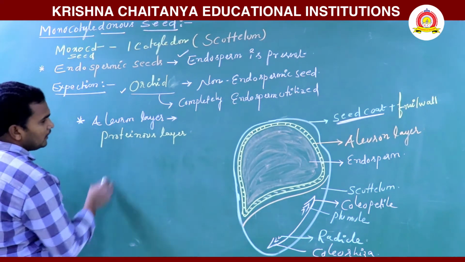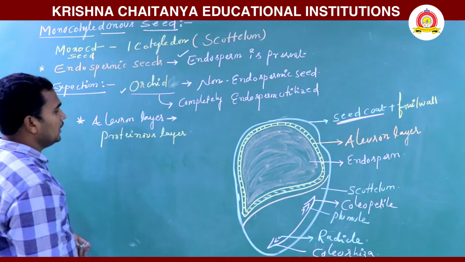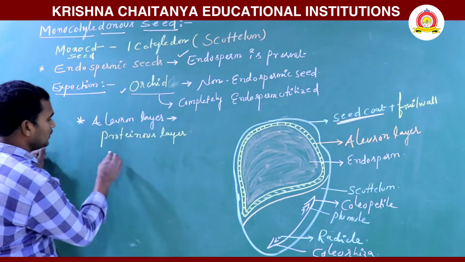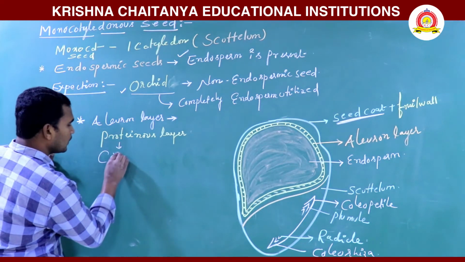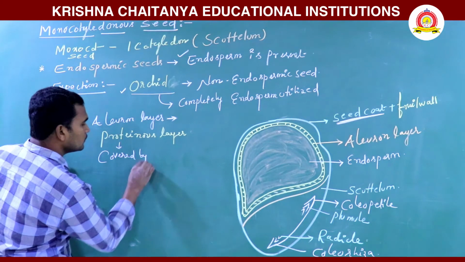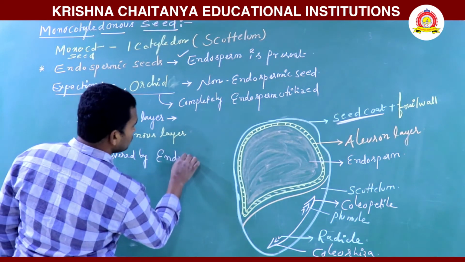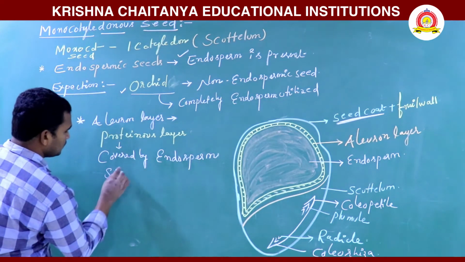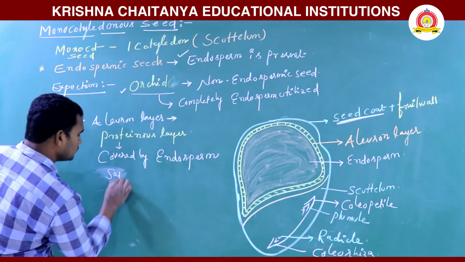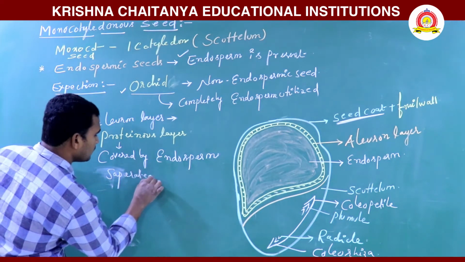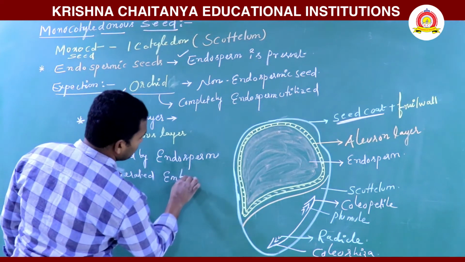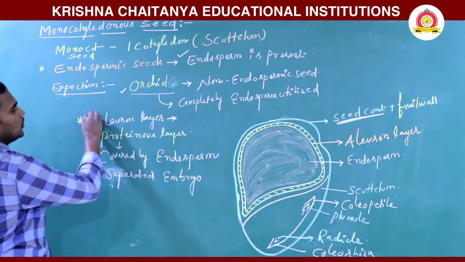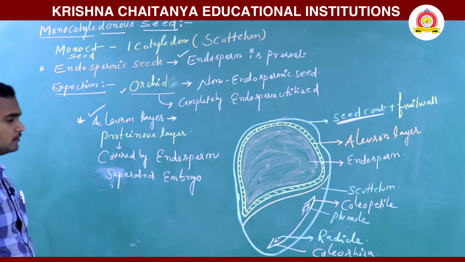It is covered by the endosperm and separates the embryo from the endosperm, by this proteinaceous layer called the aleurone layer.